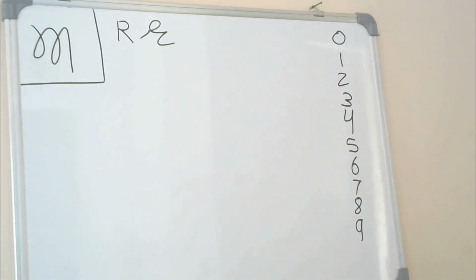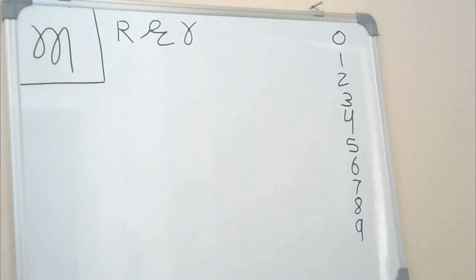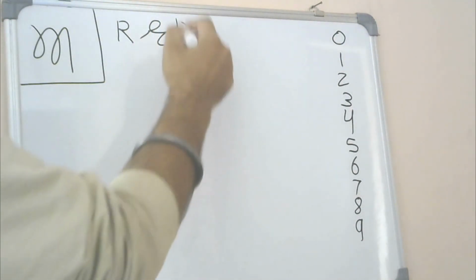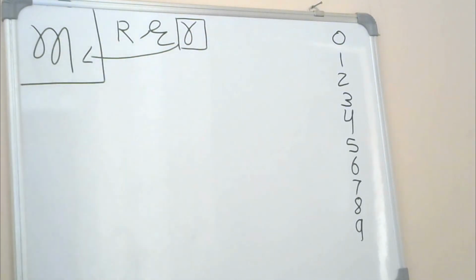But I have friends who use this thing as an R. I don't know if it is correct or not, but I have seen them using this in my school days actually. That is a different subject, but if we use this symbol, it will be very easy to write this letter.